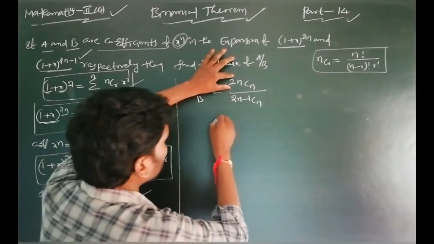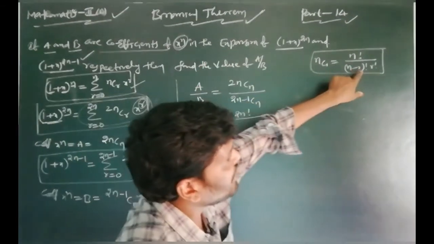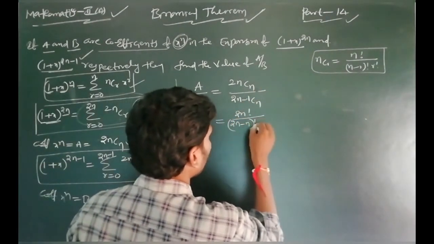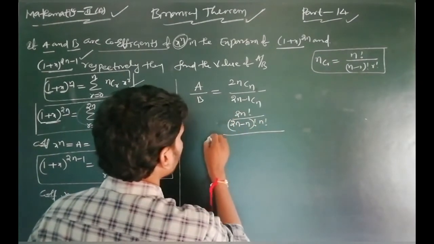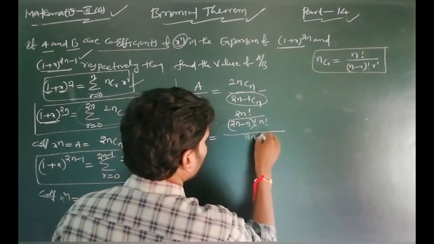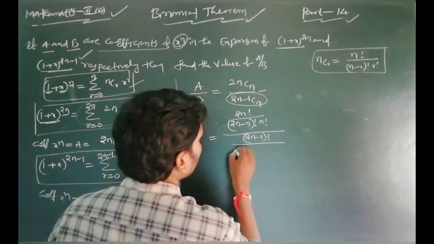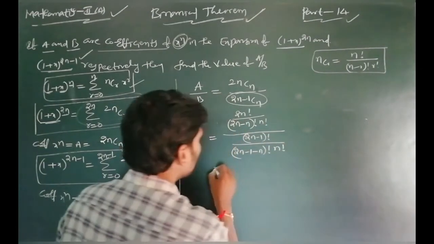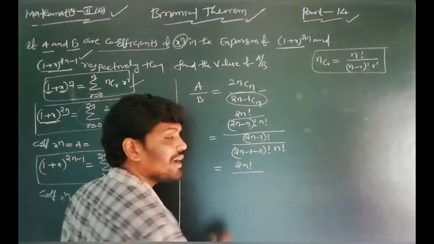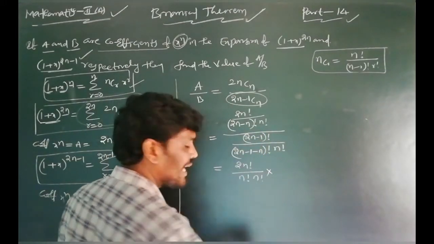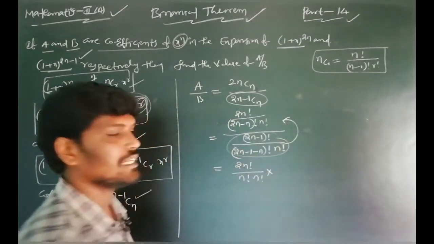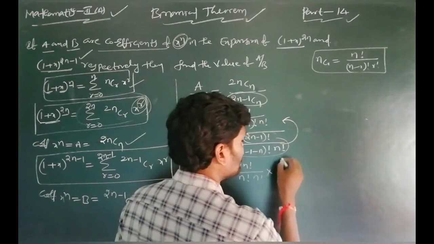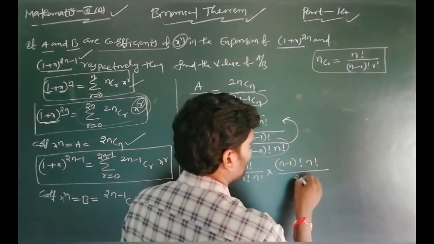In place of n write 2n: 2n factorial by (2n minus n) factorial into n factorial, all by, in place of n, 2n minus 1: (2n minus 1) factorial by (2n minus 1 minus n) factorial into n factorial. The denominator goes to the numerator as a reciprocal.